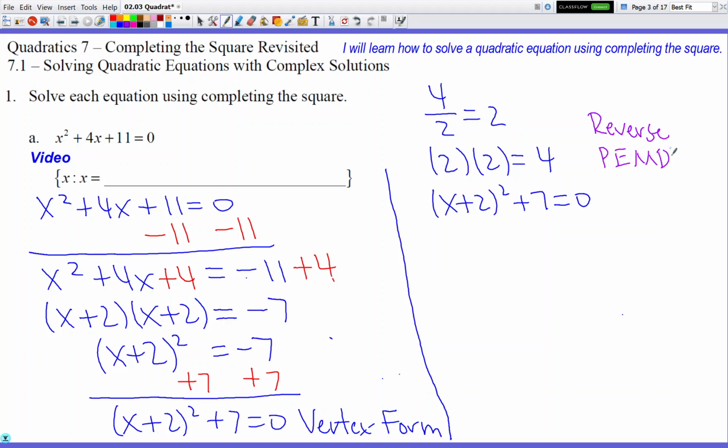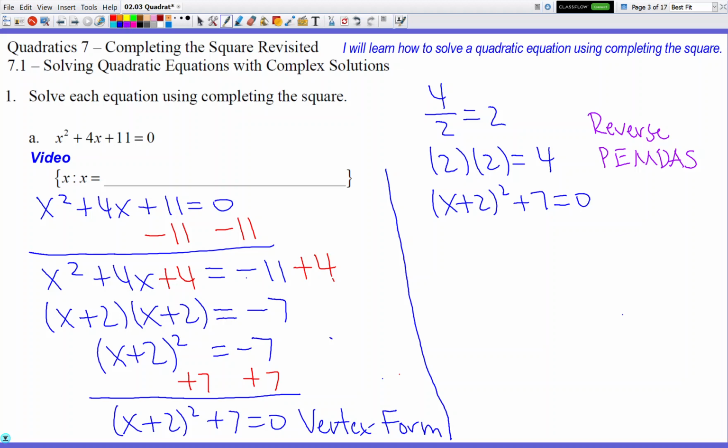When we solve for x, we're going to get rid of the numbers in reverse order compared to regular PEMDAS. Usually in PEMDAS, we do parentheses, exponents first, and then multiply, divide, then add, subtract. But in reverse PEMDAS, we're going to get rid of the add, subtract at the very beginning. So we're going to get rid of that 7.